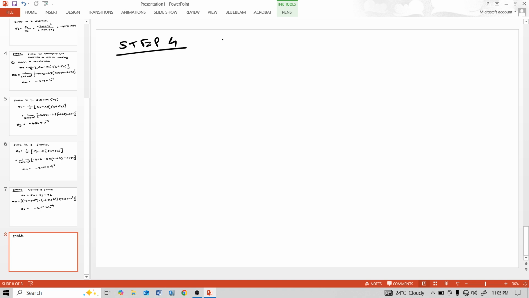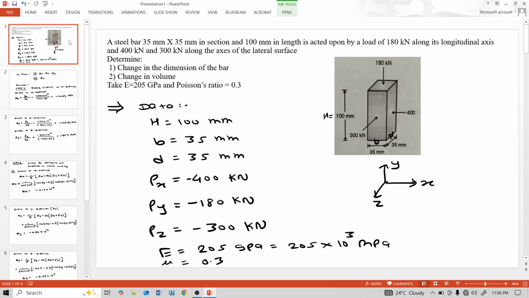Step 4, change in dimension of bar. First calculate this B. For calculation of this B, use strain in x direction.